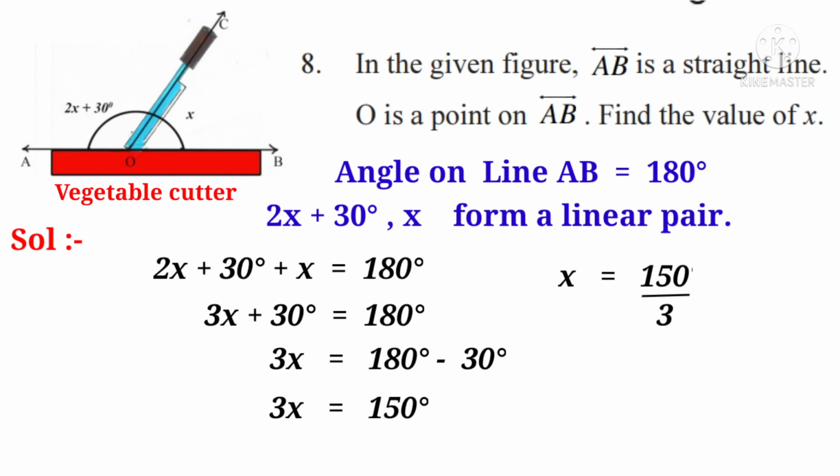Now x is equal to 150 degrees by 3, because multiplying by 3 when transposed to the right hand side becomes divided by 3. On simplification, x is 50. So the value of x is 50 degrees is the answer.